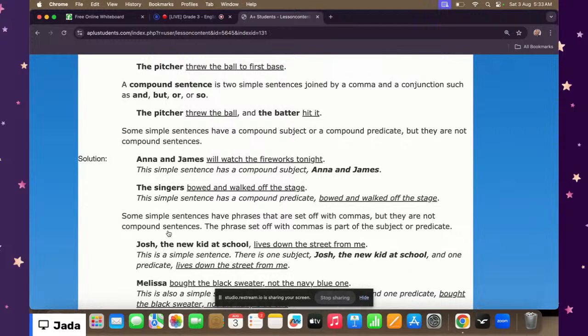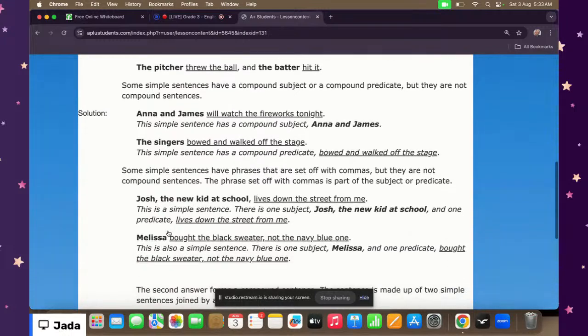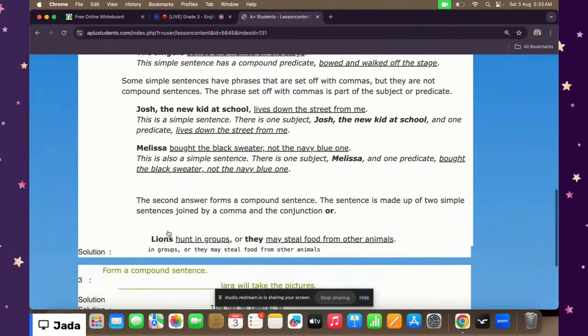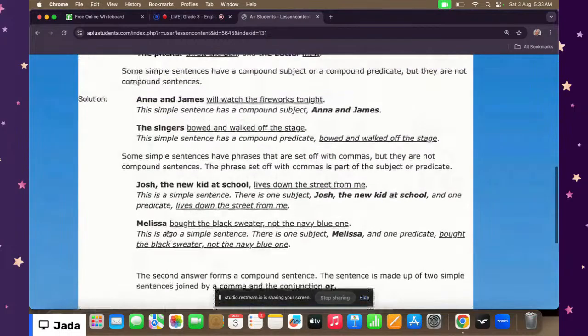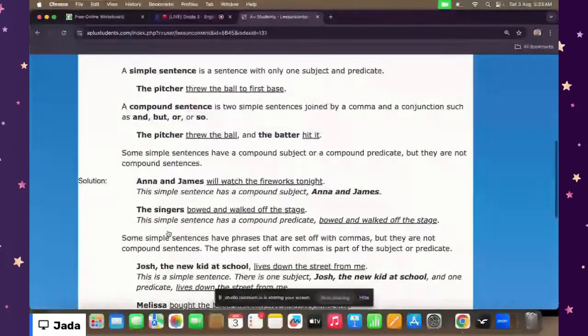A simple sentence is just a sentence with the subject and predicate, with no comma attached. The compound sentence has two simple sentences, a comma, and a conjunction. I think that's the most important part. You have to take notes and remember where you need to add your comma and the conjunction.